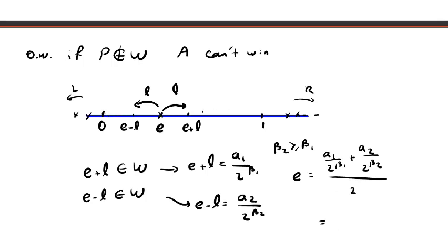And e is between 0 and 1, so the numerator is less than the denominator. So if you divide, it will be a1 times 2 to the beta 2 minus beta 1, plus a2, over 2 to the beta 2 plus 1. If it is not odd, we can simplify.